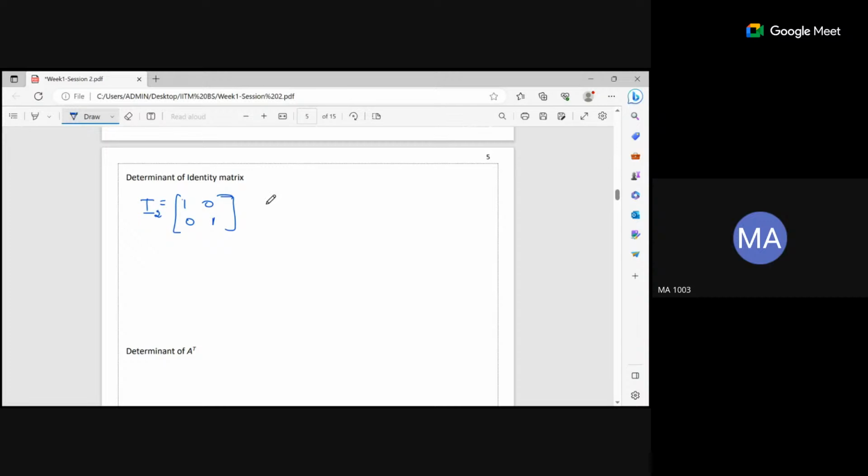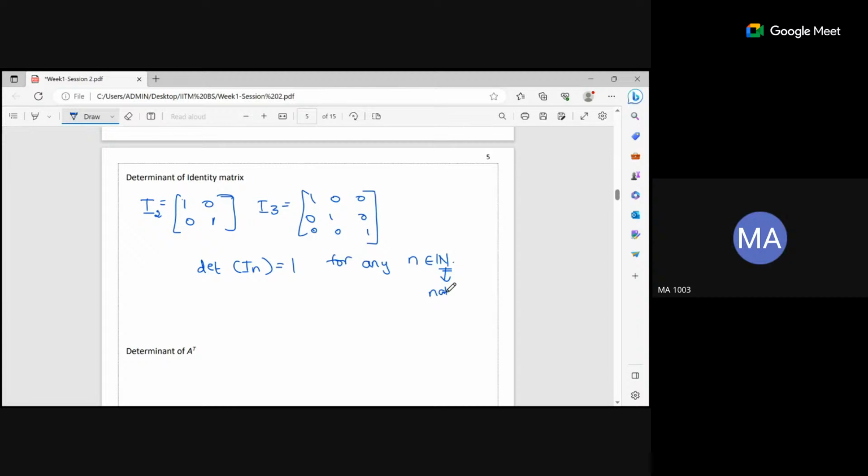And I3 represents 1 0 0, 0 1 0, 0 0 1. What is the determinant of this identity matrix? 1. So the determinant of I_n is 1 for any n in N. What is this N, you know, right? Yes, the natural numbers.